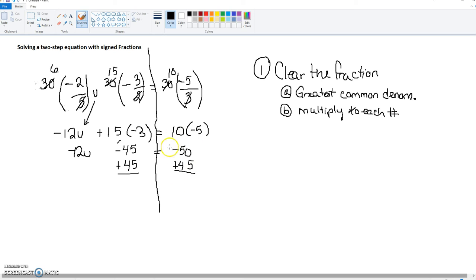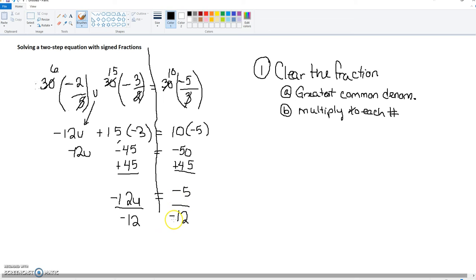So we have a negative 50 and a positive 45, which gives us a negative 5. We're going to bring down that negative 12u. And now we're going to divide by negative 12 on both sides.